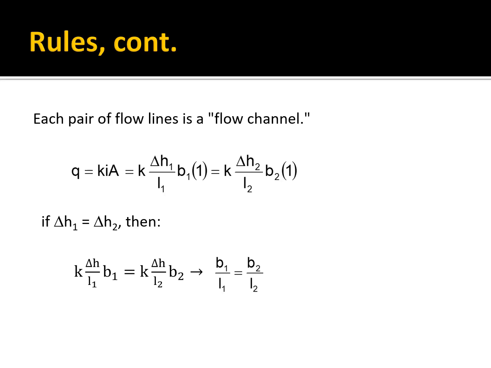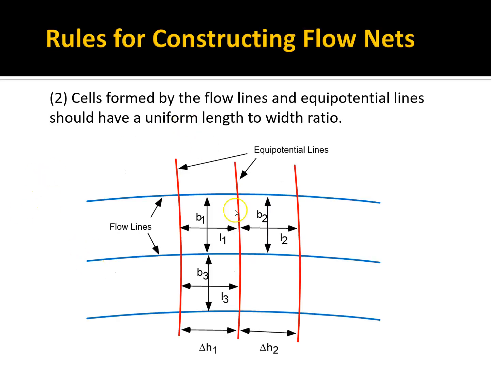And since each pair of flow lines is a flow channel, the flow through that channel would be, if we look at Darcy's law, Q equals KIA, where I is delta H over L. So if we're looking at cell number 1, this cell right here, and then this cell here, these 2 cells are in the same flow channel.